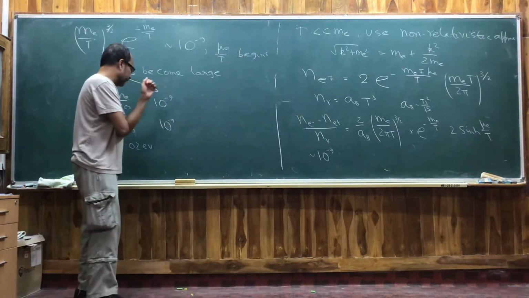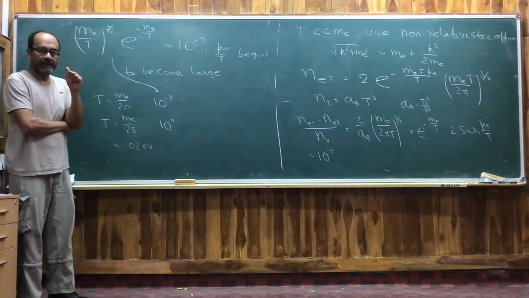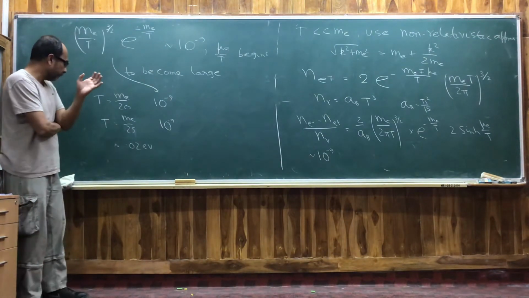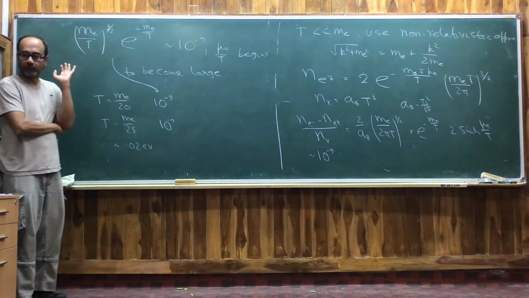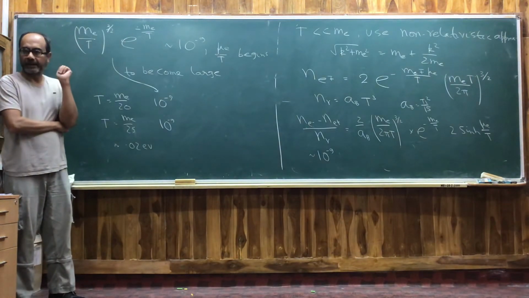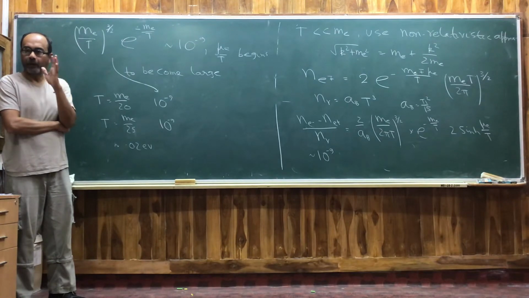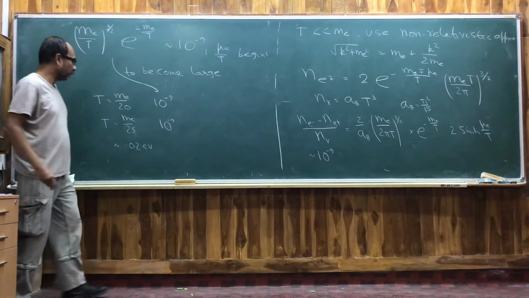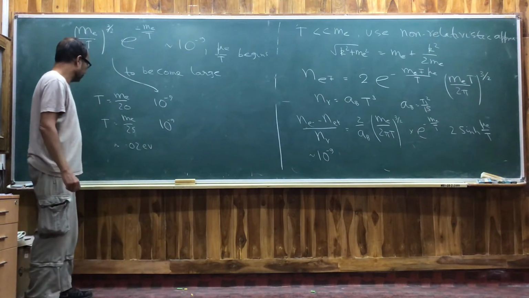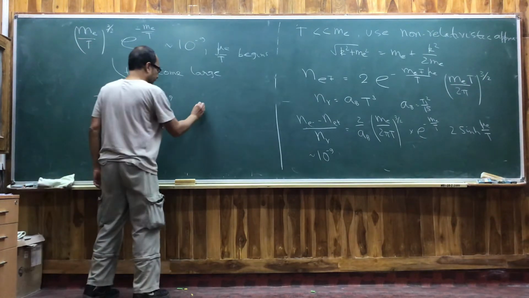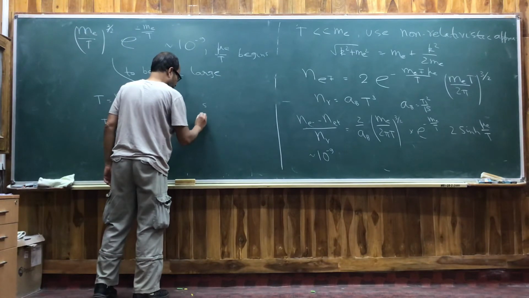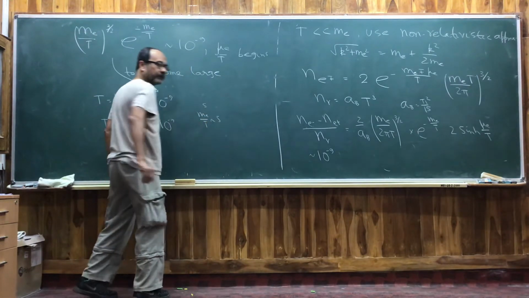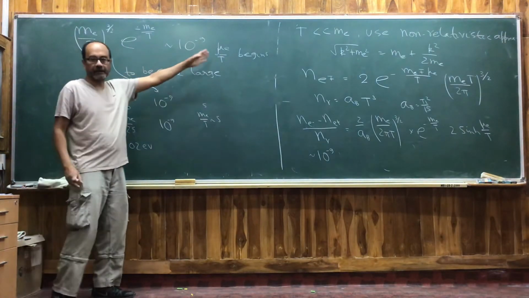We'll see later that nuclear formation happens at a temperature of order 0.1 MeV. At 0.1 MeV, m_e over T, with m_e being 0.5 MeV, is of order 5.